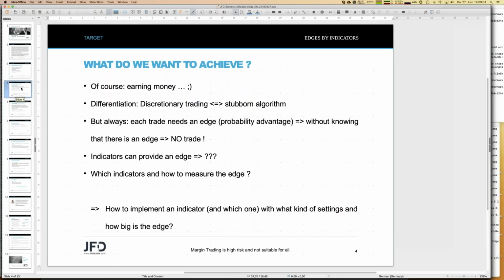Okay, so my target today, what I really would like to achieve here, you see my first line, of course, earning money. Okay, that's normal. If you talk about trading, then finally the goal is earning money.